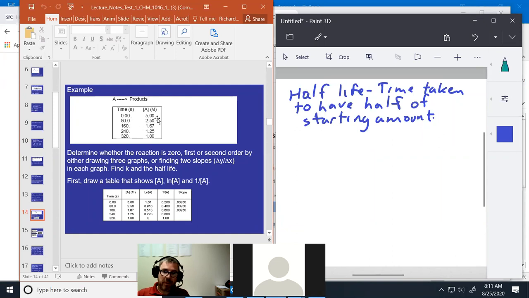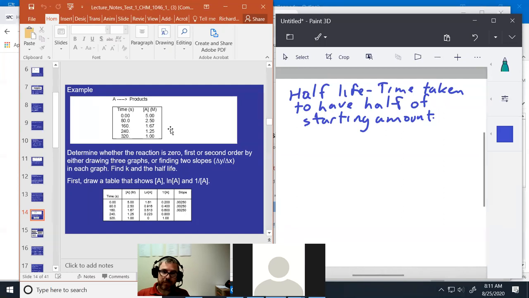At time equals 0, we have a certain concentration of A. And then as time goes on, what happens to A? Well, it goes down. Why does it go down? Well, it's just because it's reacting. Now, how quickly it's going down in relation to the time will allow us to determine what the order of this reaction is. And what we're trying to determine is whether it's 0, first, or second order.